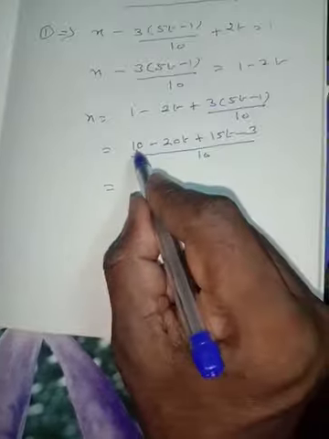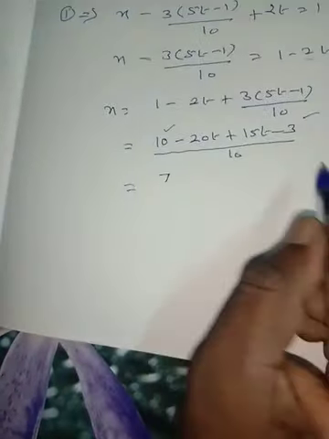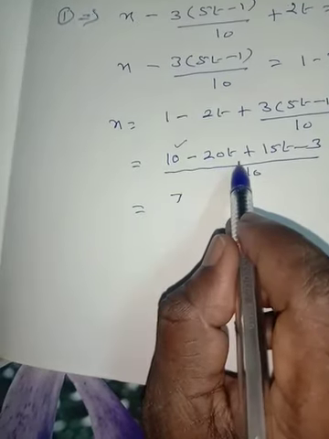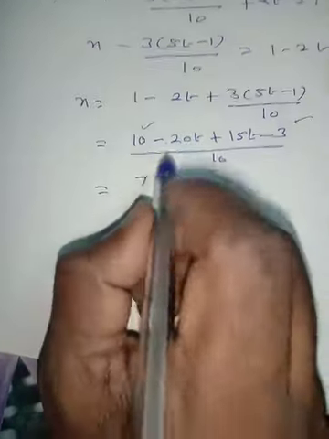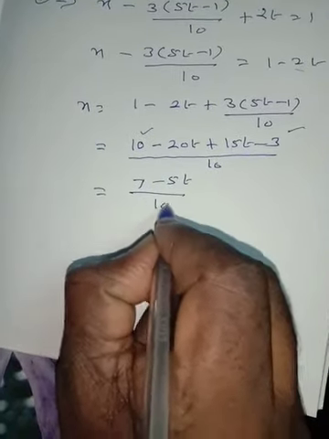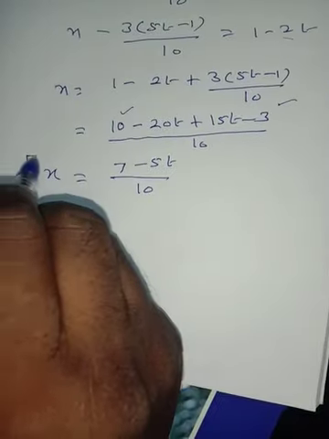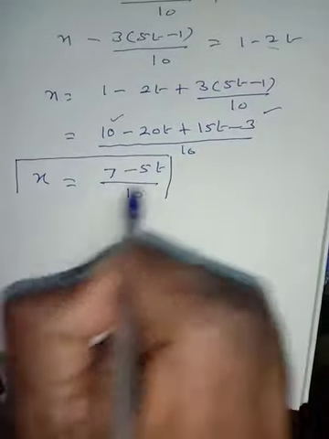Next line. 10 minus 3 is 7. Minus 20t plus 15t is minus 5t, divided by 10. x is 7 minus 5t divided by 10.